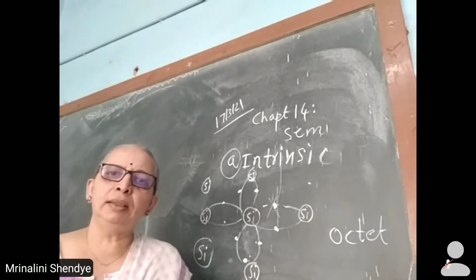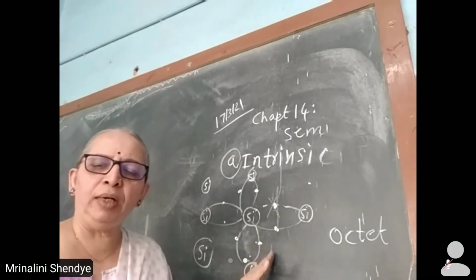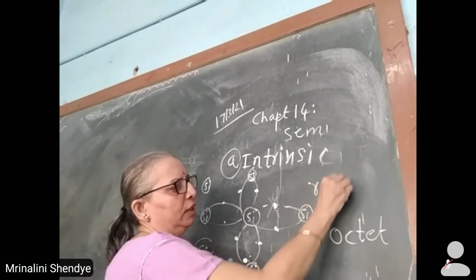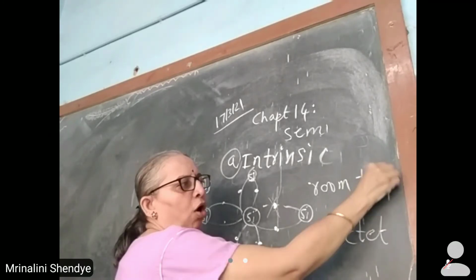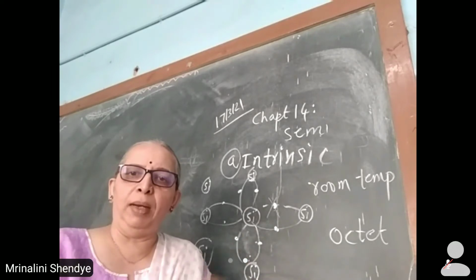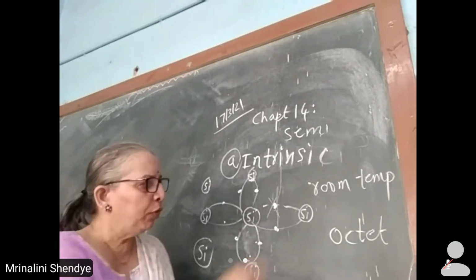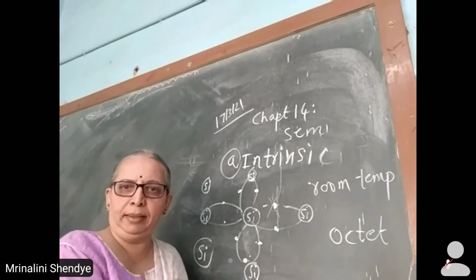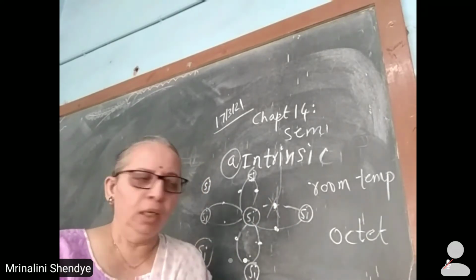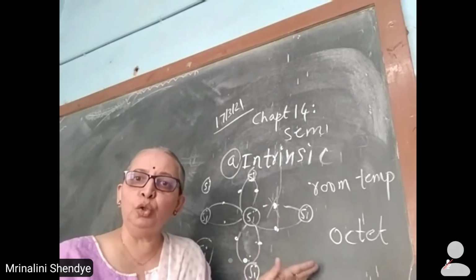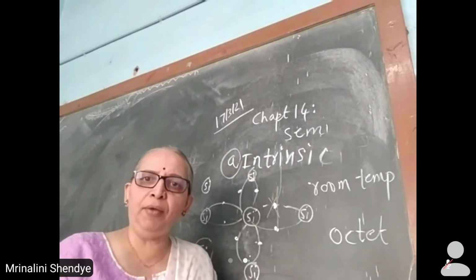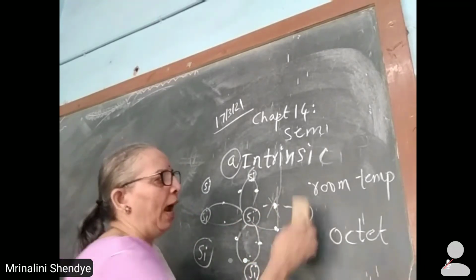But what happens when the temperature of the crystal is increased and made equal to room temperature? Each electron receives thermal energy and a few covalent bonds break. Few only, not each and every bond. So a few covalent bonds break due to thermal agitation and a few electrons set themselves free from the valence band.